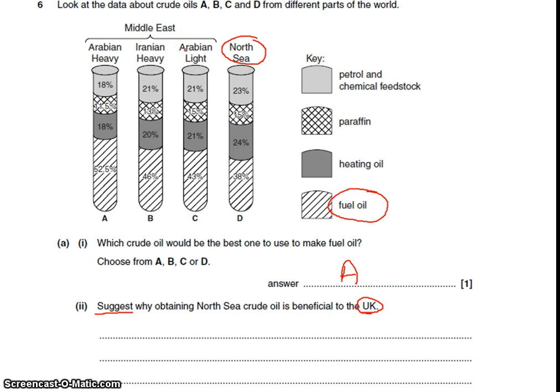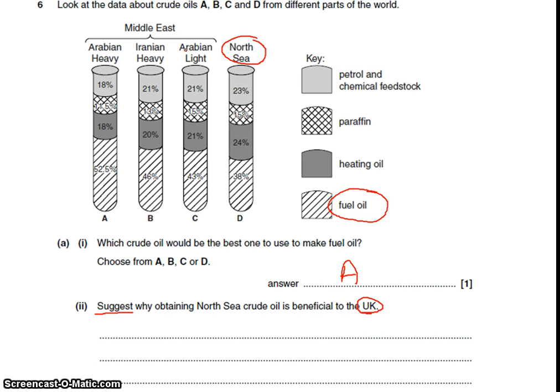So the fact that it is politically unstable, or that there are wars going on there, means that it's obviously more beneficial to the UK to source our oil from the North Sea. Because the North Sea is closer, there are also cheaper transport costs. It's more convenient. Both of those are key factors. And by supporting local industries, we're boosting our own economy.